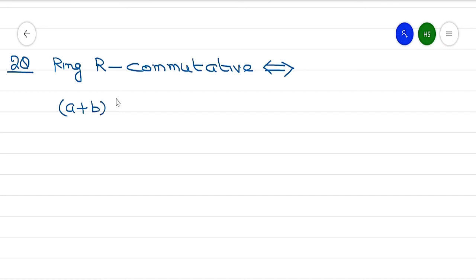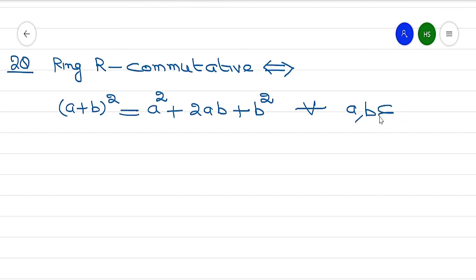The statement is: prove that a ring R is commutative if and only if (a plus b) raised to power 2 is equal to a square plus 2ab plus b square for every a, b belonging to R. So this is my next question.